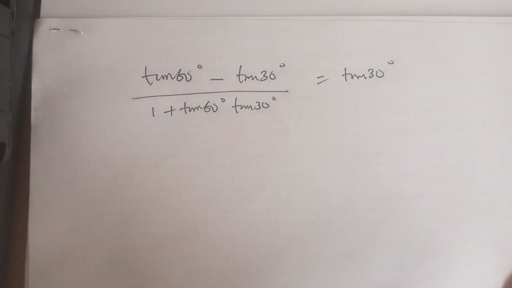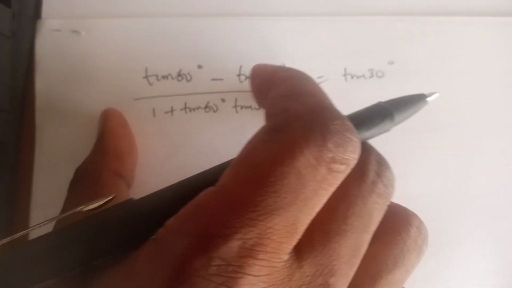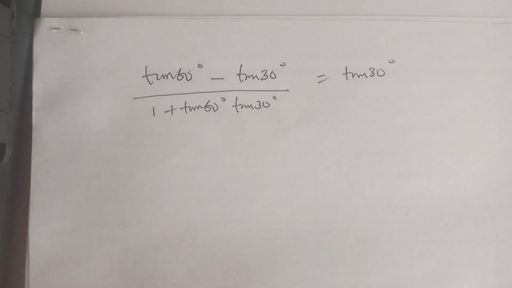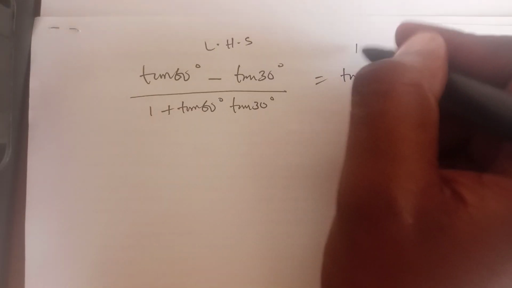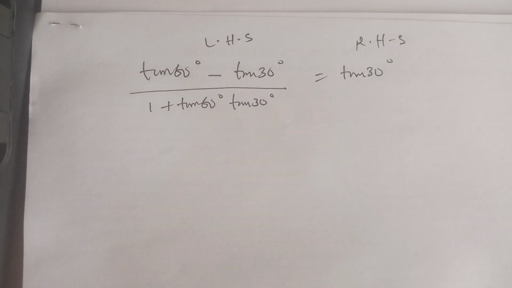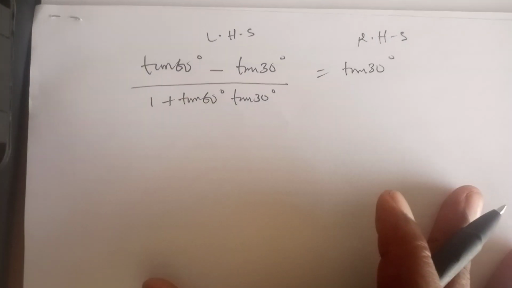So what we're asked to do there is to verify if this is equal to this. So let's go. This is the left hand side and this is the right hand side. Let's start from the left hand side.